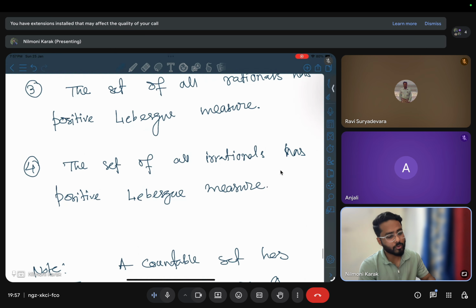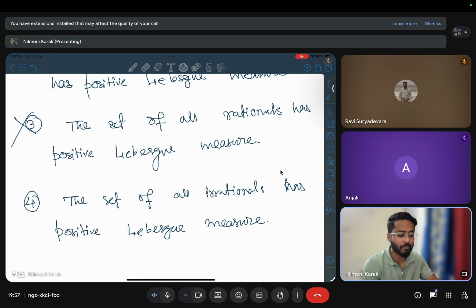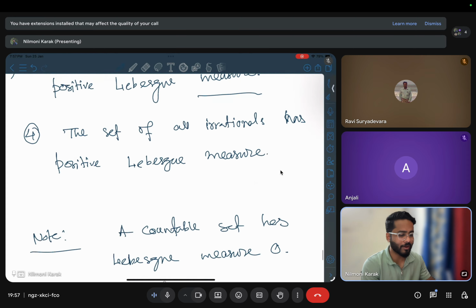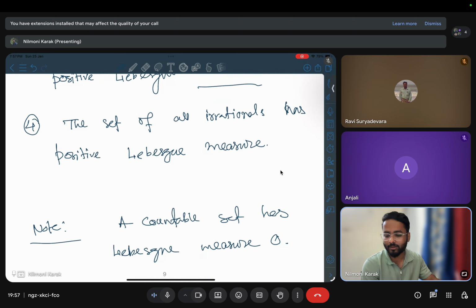You can prove it, so let me note it down. So that's why this is wrong, because rational numbers are countable. Now just assume whatever I am saying, because to prove these things it will take time.